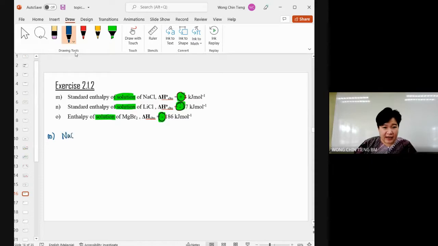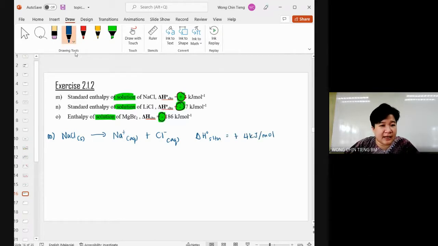I have my NaCl solid changing to become my Na plus aqueous plus my Cl minus aqueous. Balanced equation, delta H solution. Okay, my first question for the first salt. Our first salt is NaCl. Delta H is positive 4 kJ per mol. I want to ask, is this salt more stable as a salt or more stable as a solution?